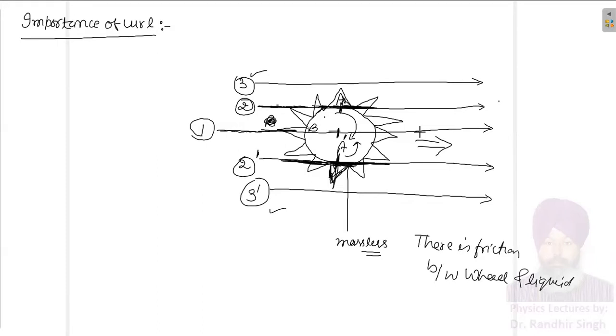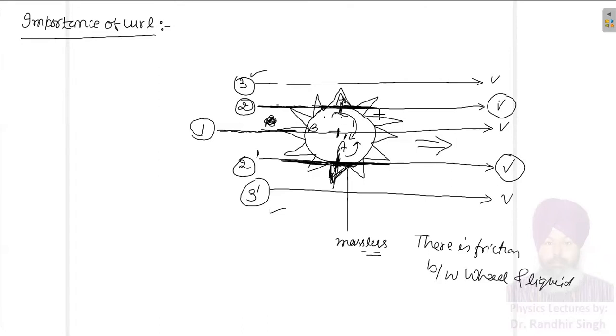Now suppose this liquid is non-viscous, so there is no viscous drag, and all streamlines are moving with the same velocity v. Then you can easily understand that the rotational effect at A, because this velocity is v, and the rotational effect at A dash, because this velocity is also v, will cancel out.